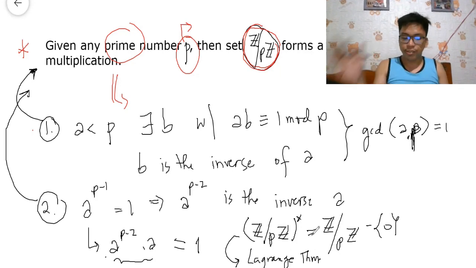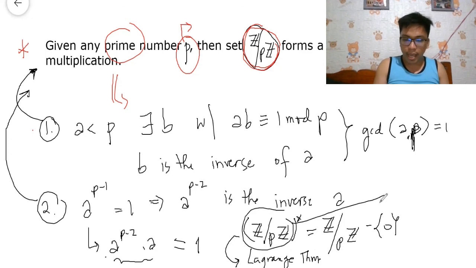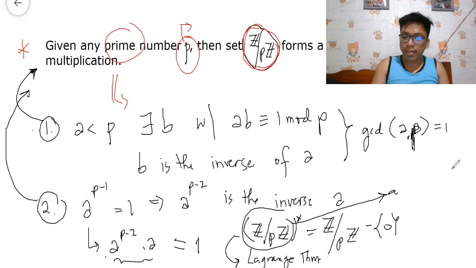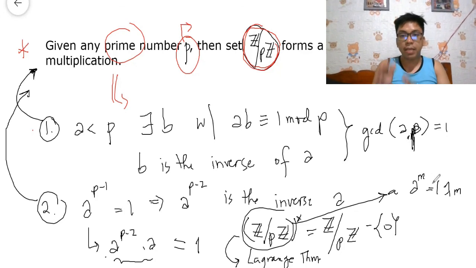So we can use Lagrange's theorem to deduce that the subgroup generated by a has an order dividing the order of Z mod pZ excluding the zero. And we can conclude that a to the m is equal to 1 for some m dividing p minus 1. And hence, a to the p minus 1 is actually 1.